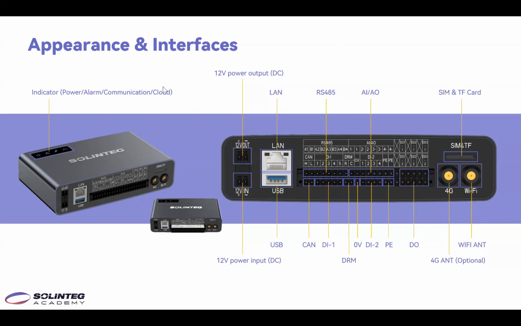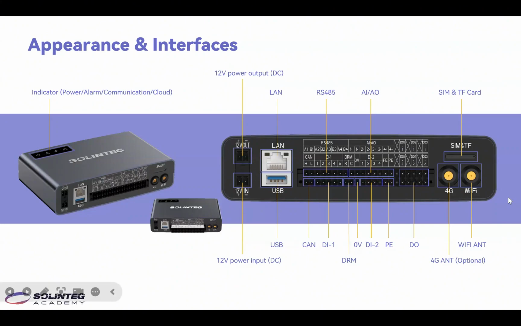For example, if the cloud platform indicator fast flashes, the datalogger is in the initial status. If it slow flashes, the datalogger is connected with the router but not the server. If it remains green and constantly on, the datalogger is working normally, connected with both the router and the server. If you want to know more details about the indicators, you can refer to the user manual.